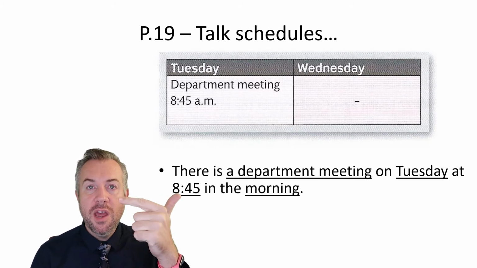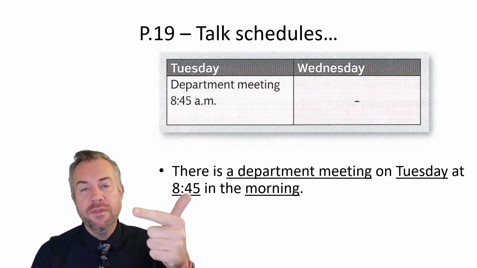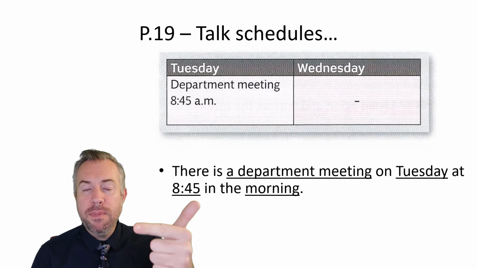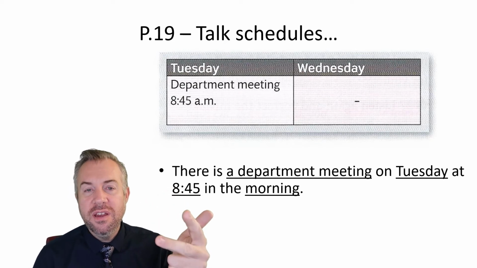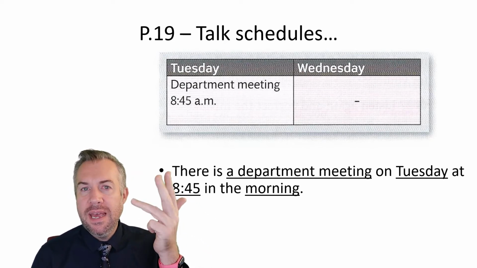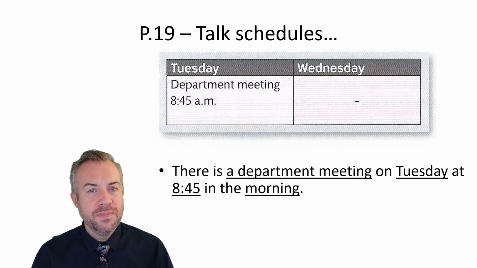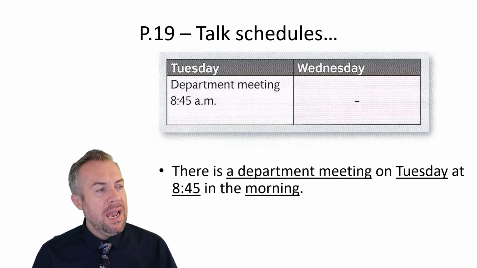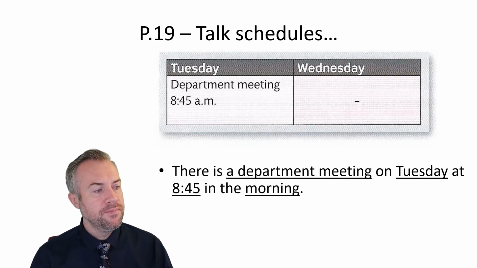Then we have the day, on Tuesday, on Wednesday, on Thursday, on Friday, on Saturday, on Sunday, on Monday. At, we have the time, 9 o'clock, 10 o'clock, 1:30, 3:45, and finally AM or PM, in the morning, afternoon, or evening.